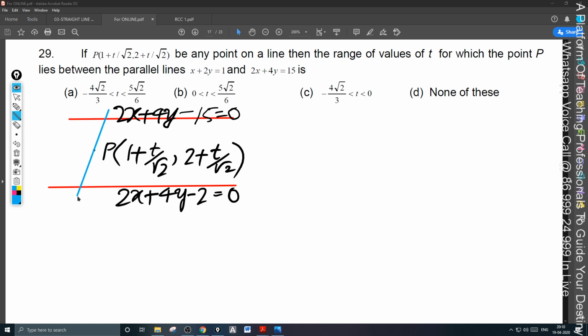Then in that case, this point P, if some value of t is given, may lie between these lines or above the line or below the line. But he doesn't want those values of t which make this point P lie above the line or below the line. This is what you have to understand.